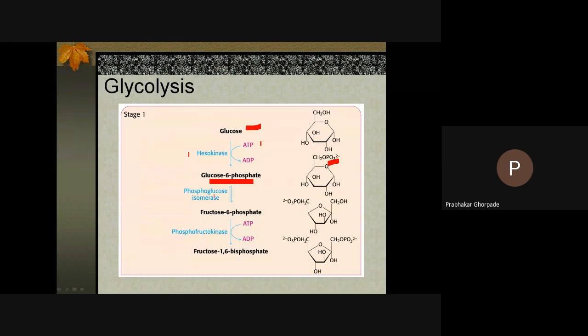With its help, this glucose 6-phosphate gets converted into fructose 6-phosphate. So this was an aldose molecule, glucose 6-phosphate, and it has been converted into the ketose molecule, fructose 6-phosphate. Now fructose 6-phosphate, with the help of phosphofructokinase, gets converted into fructose 1,6-bisphosphate.